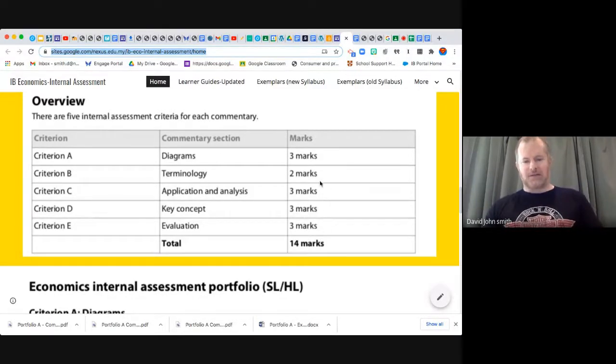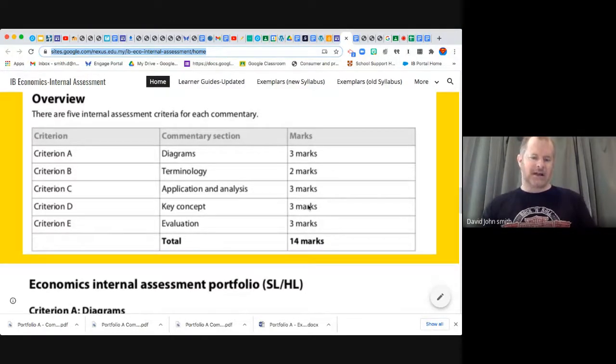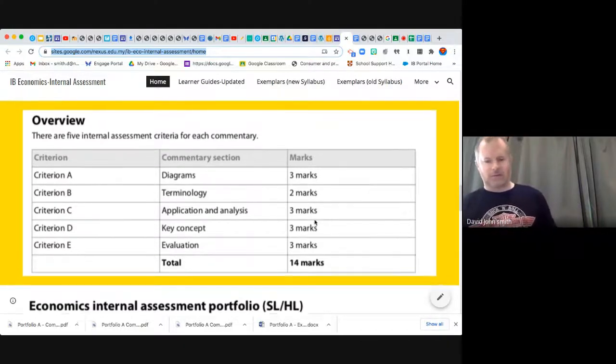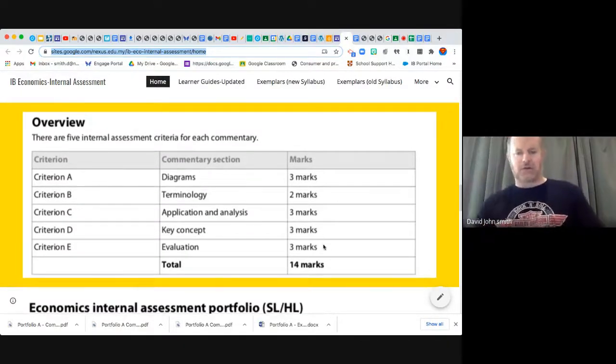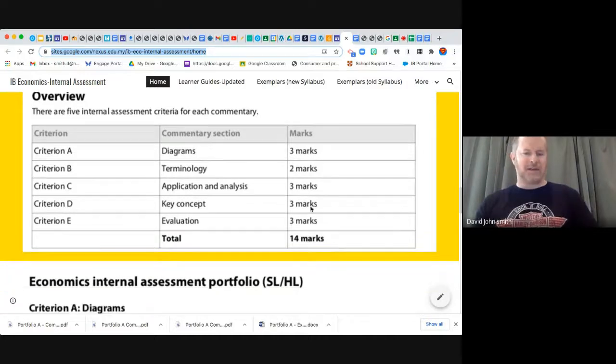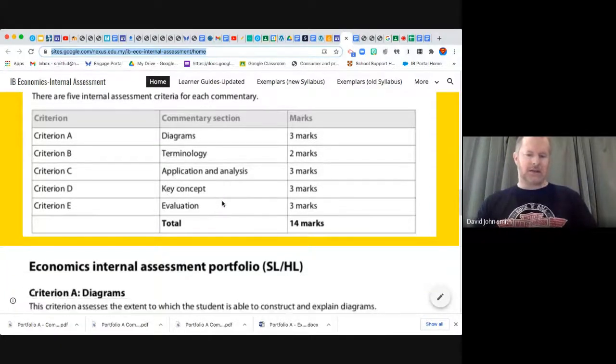Now, if we have a look at the actual mark distribution, you can see the weightings. They're all relatively the same. This is different from the last syllabus. Terminology a little bit lighter, but overall they're all pretty much the same. They've actually put key concepts up to 3 marks, so 3 marks out of 14, that's quite a bit based on that idea of the key concept.